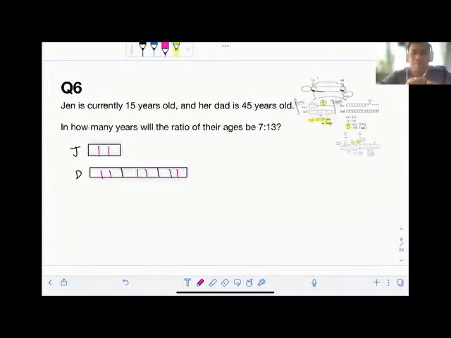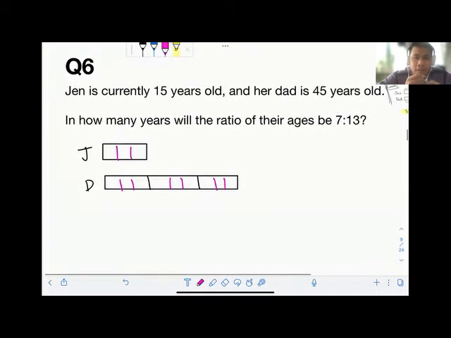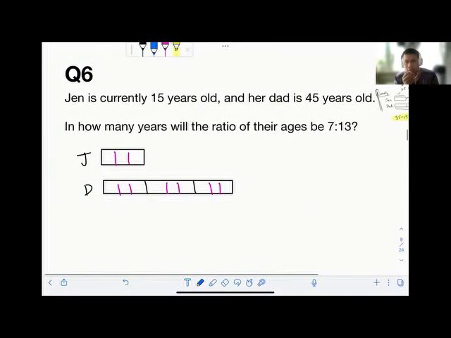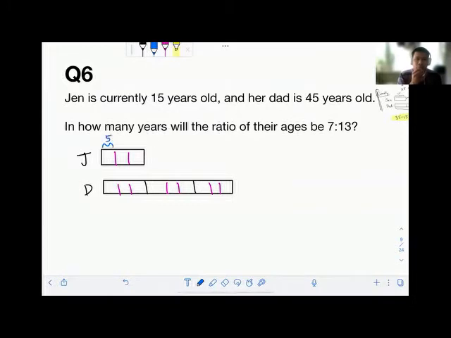Bakit po natin paghatiin based on the question? Saan po yan nanggaling? Kasi sir, ang objective ko dyan ay marating ko yung ratio which is 7:13. Wherein I will be adding boxes both to Jen and to her dad. Okay, sure. So sabihin natin na yung isang box na to, tig 5 sila.